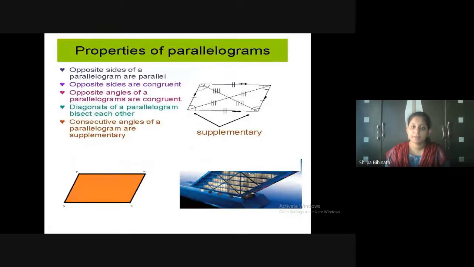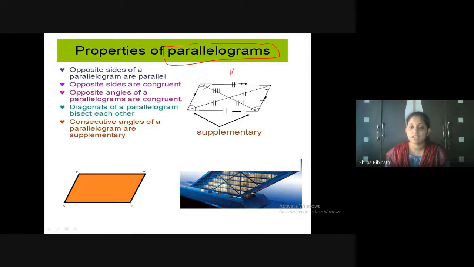Next comes the parallelogram. Some properties of rectangle match here, only what changes is the angles. For rectangle, all angles are 90 degrees. Here there will be acute or obtuse angles, meaning less than 90 or more than 90, but never 90 degrees in case of a parallelogram. What about the sides? Same like rectangle.